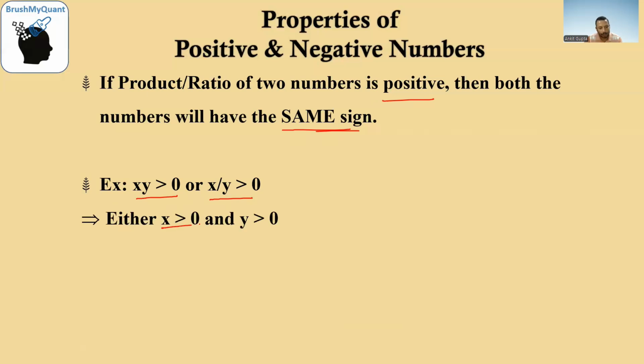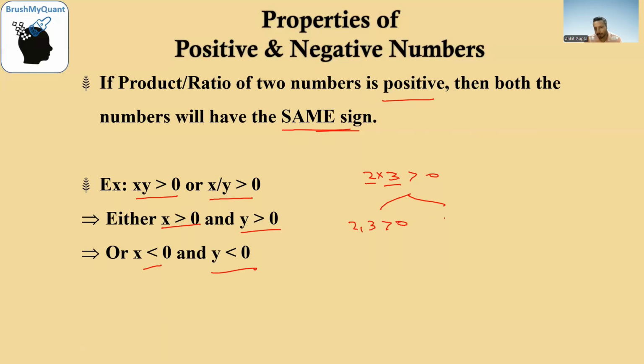So that means either both of them are positive or both of them are negative. Let's take some numbers. Let's say 2 into 3 is greater than 0. So we can have two cases. Either these numbers were 2 and 3 itself, which are individually greater than 0, or the numbers could very well be -2 and -3, right? Because their product will still be 2 into 3, but the individual numbers were less than 0.